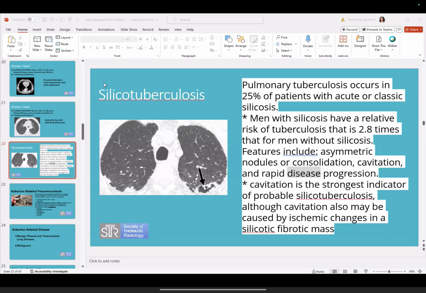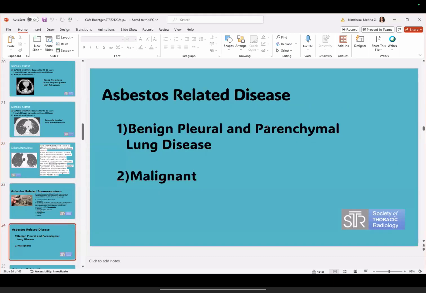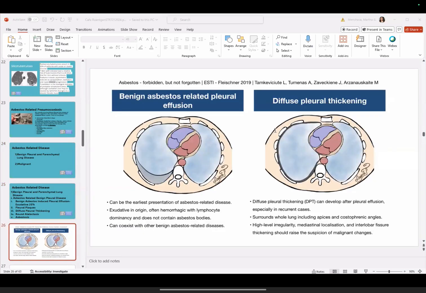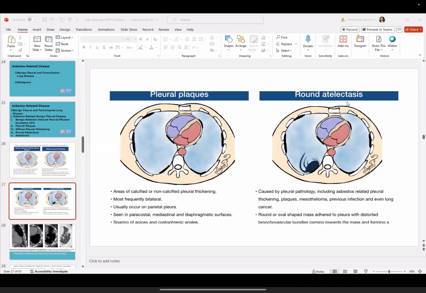How do you differentiate fibrotic versus atelectatic bands? Let's take a look at that. Here, this is, as you know, the round atelectasis.